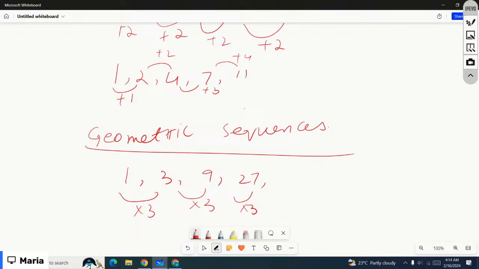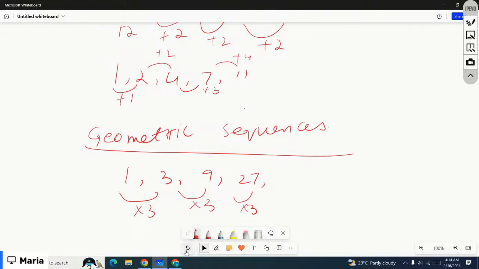Each next number you can get by multiplying the previous one by 3. They are the geometric sequences. If you get the next number by multiplying, that is a geometric sequence, and if you get it by adding, that is an arithmetic sequence. Now you got it. What is the geometric sequence?